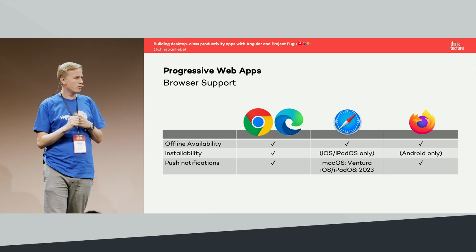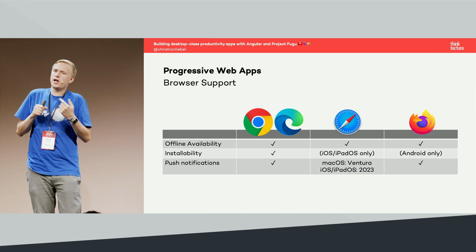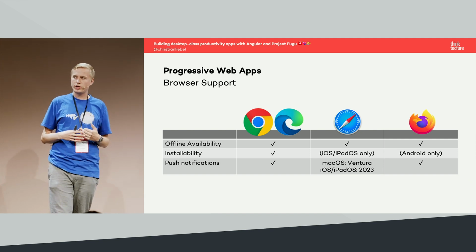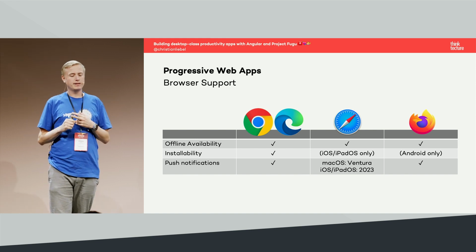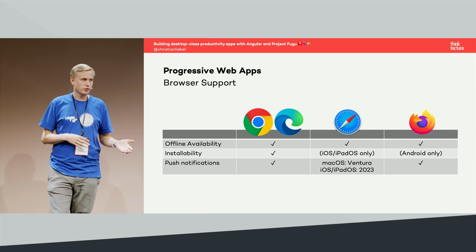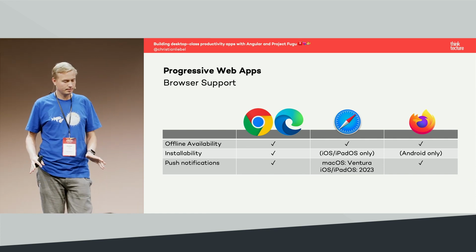Currently only on the mobile systems for Safari. I could imagine that this changes though. So I could imagine that also on the desktop we can sometime in the future maybe install apps. It's different for Firefox though. It's only supported on mobile, that is Android, and there are no plans to implement installability for the desktop.